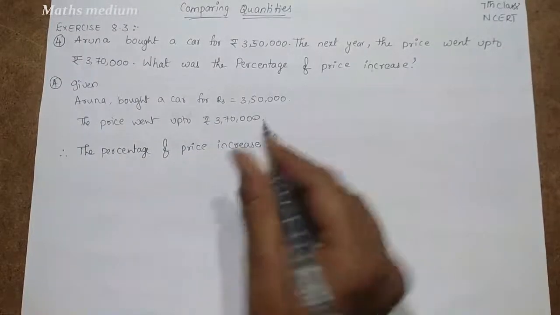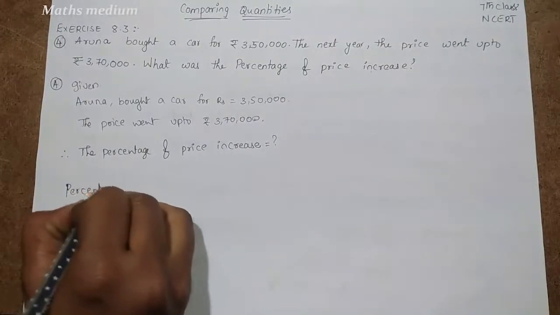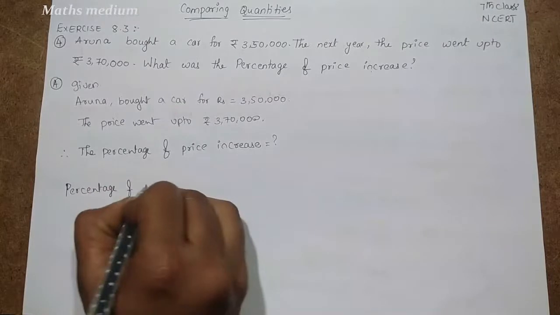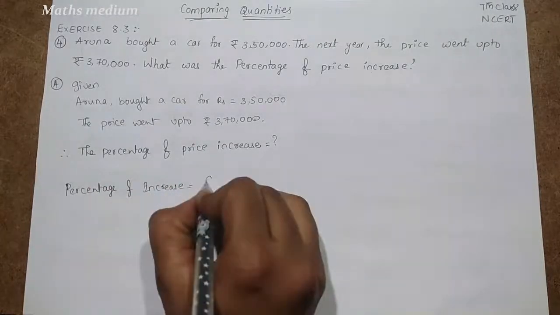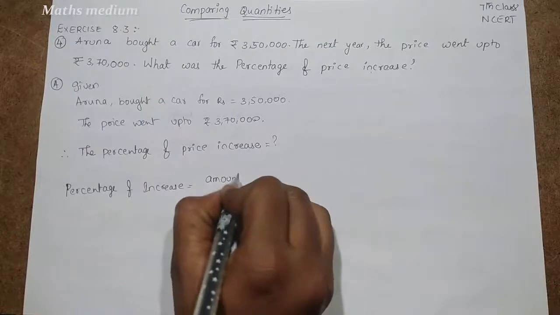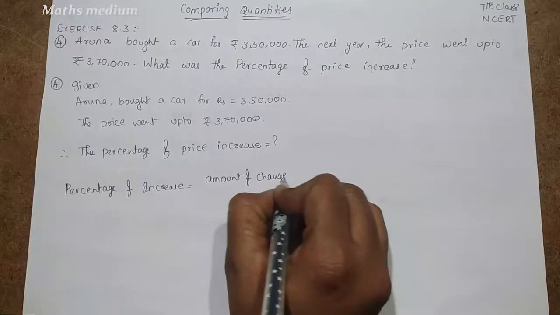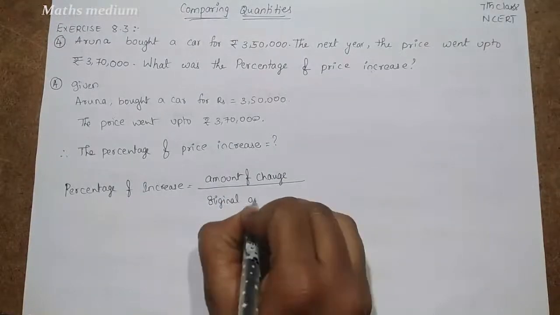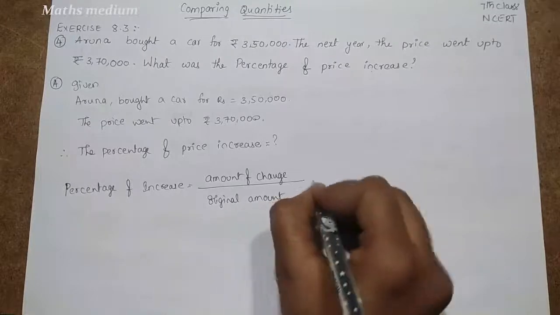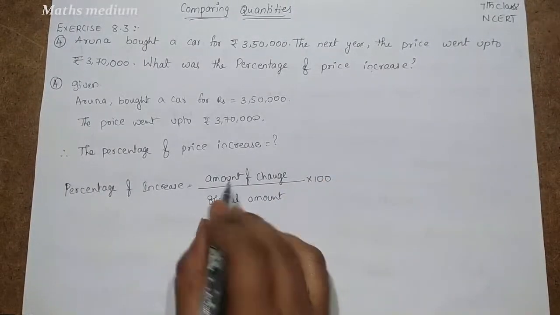So this is what we have to find. Formula is: percentage of increase is equal to amount of change divided by original amount into 100.